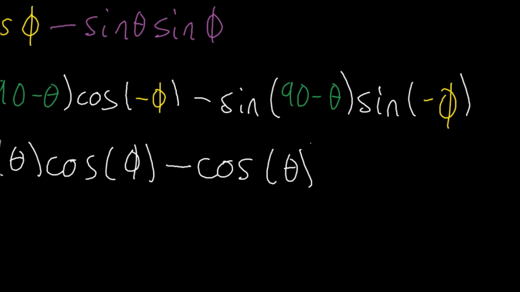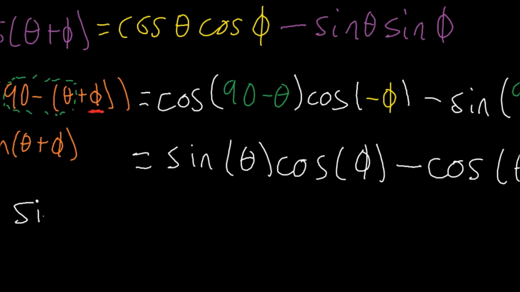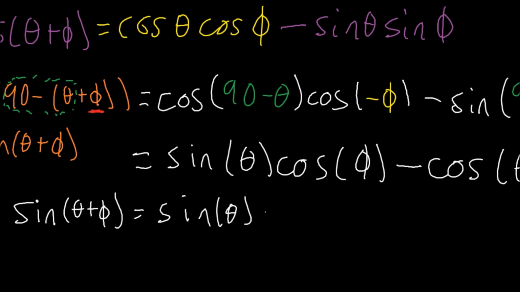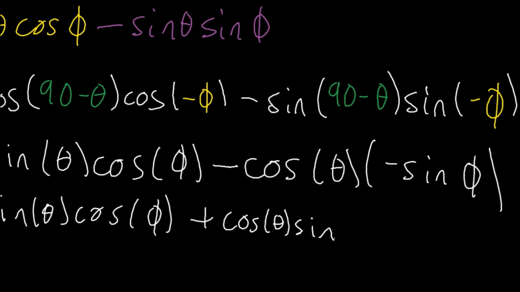So this expression right here is going to simplify into minus sine phi. And of course, the minus sign here and the minus here multiply out to make it positive. And then we get our expression that sine of theta plus phi equals sine of theta cosine of phi plus cosine of theta times the sine of phi.